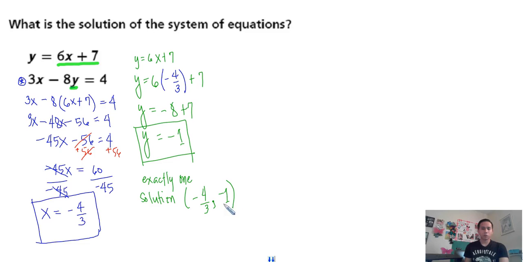So this is the solution of the system of equations. Meaning, if I graph these two equations, just like what we did in the previous video, they intersect at exactly one point, and that intersection is at negative 4/3, negative 1.